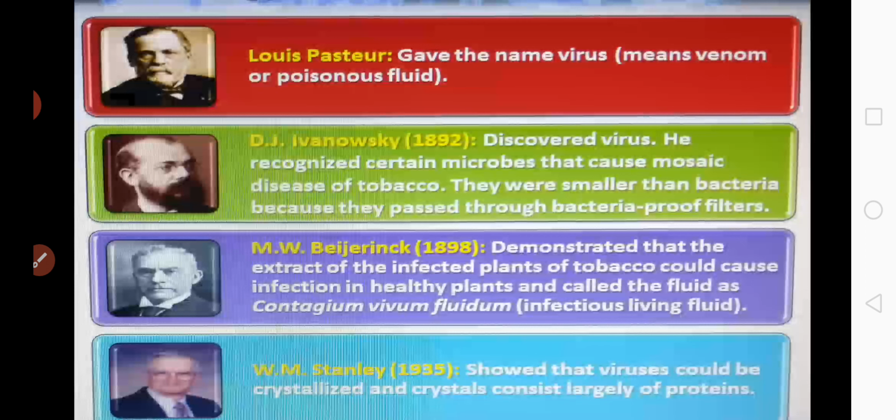Okay, so in the year 1898, M.W. Beijerinck demonstrated that the extract which was derived from the infected tobacco plant could cause infection in the healthy plant also, and because of that he called the fluid as contagium vivum fluidum.